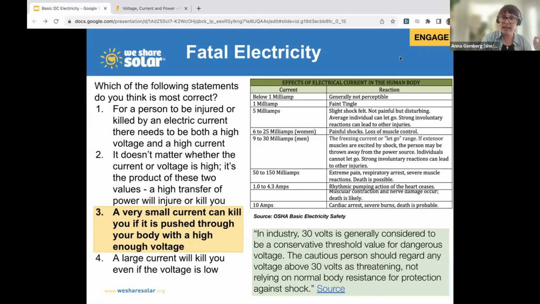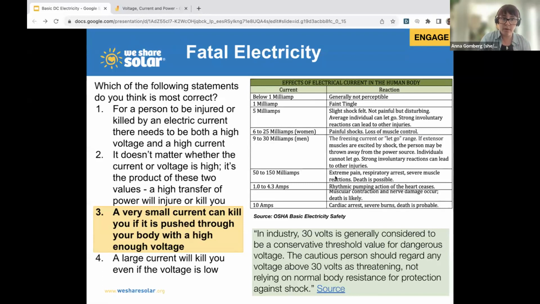So basically, what you can see on this table, these are small numbers, so milliamps, a thousandth of an amp. The first place we see death is possible is 50 to 150 milliamps, so way below half an amp.